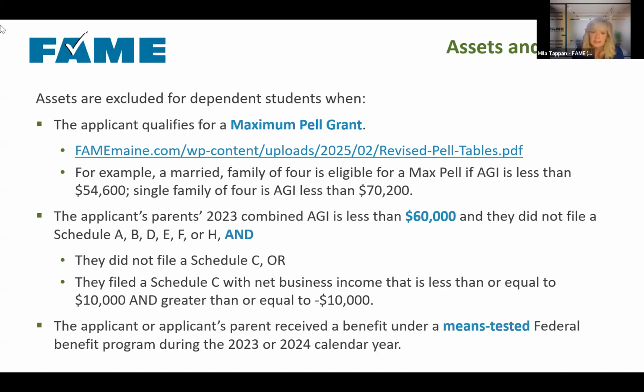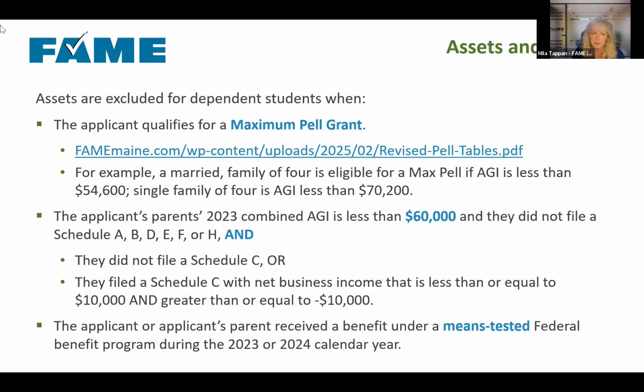You can identify that ahead of time. Now, they still have to go through the process of filing the FAFSA, but hopefully that will encourage families to know, okay, yes, it does look like I'm eligible for a maximum or a minimum Pell, so of course I'm going to go ahead and fill out the FAFSA.